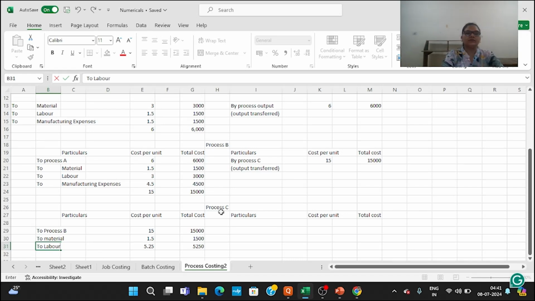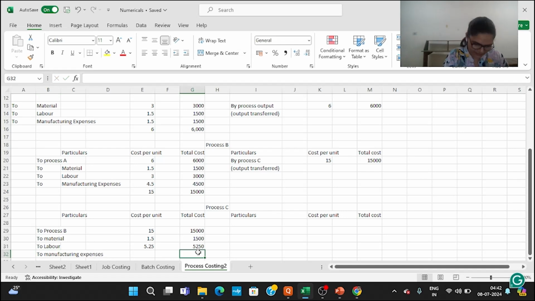Next is manufacturing expenses. Manufacturing expenses in process C, it's given 5250 again, and price per unit will be 5.25.